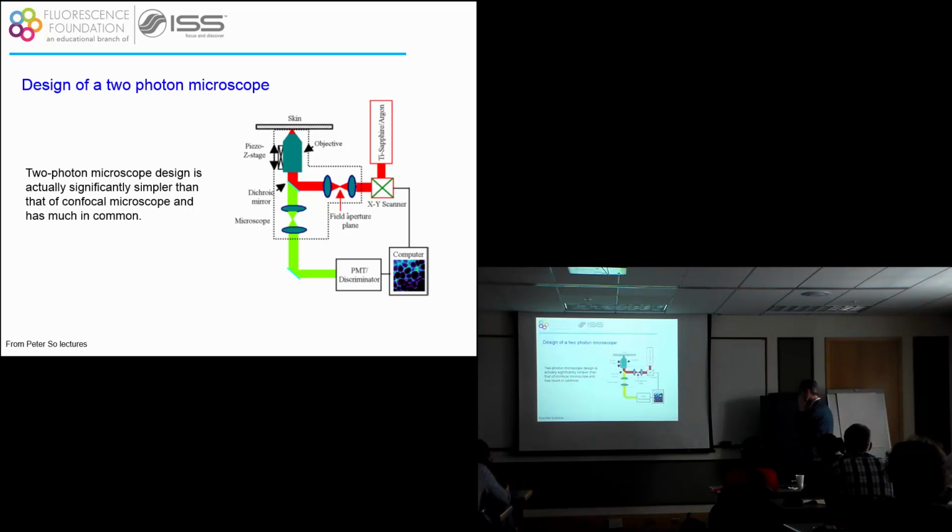Today, the limit to go into the tissue is about 500 microns, and it depends on the tissues, brain, liver, but you can go 500 microns into the tissue, although there are pushes, and I guess there is a lecture probably next week, Chris Xu, where he shows how you can go to 1.5 millimeters.